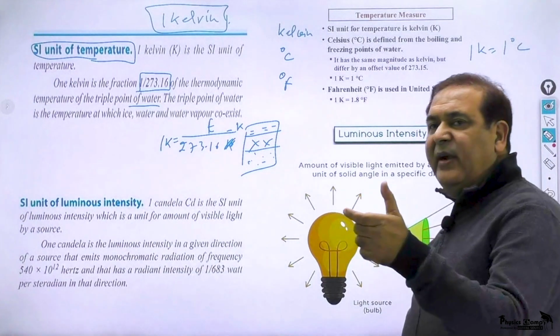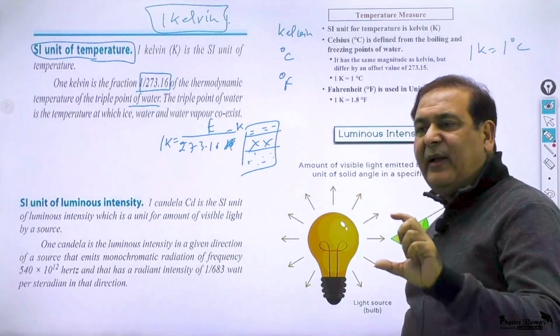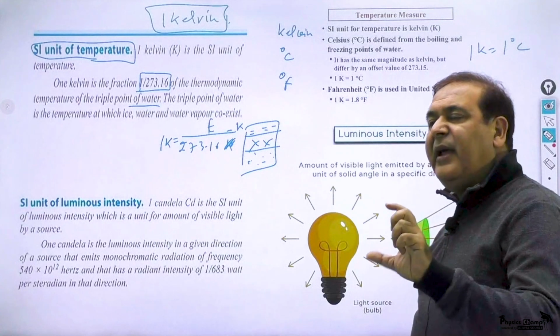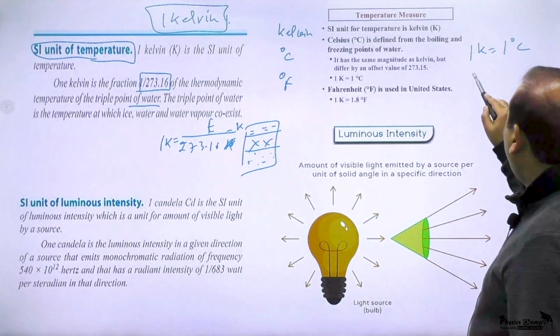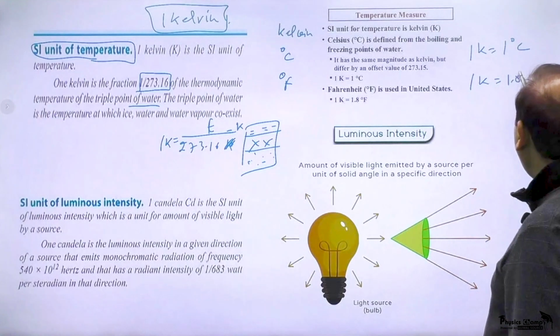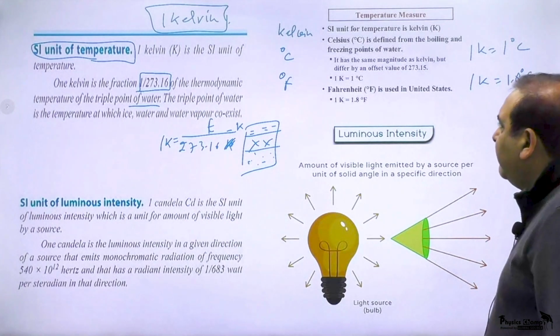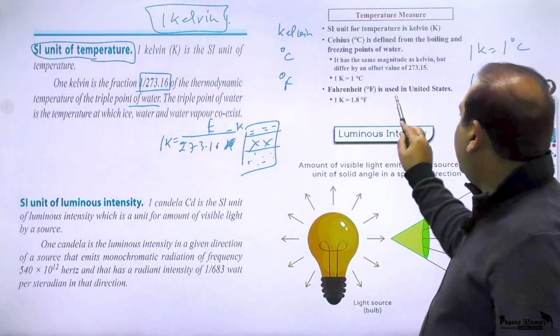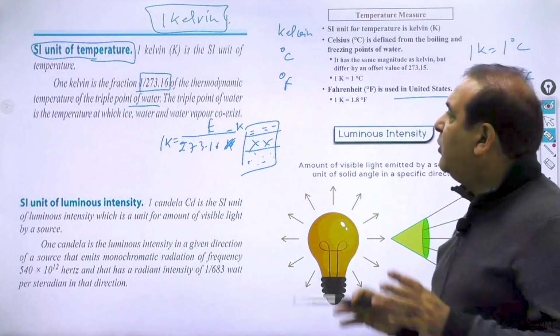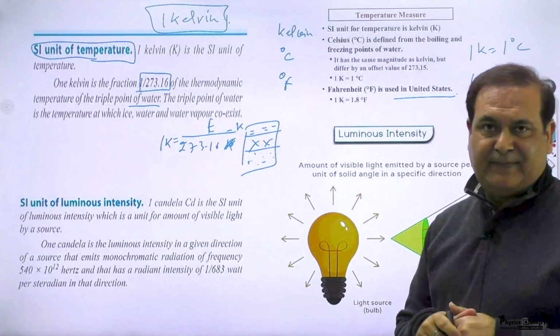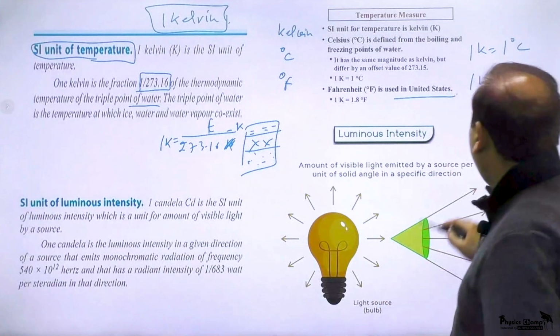A 10 degree Celsius change means a 10 Kelvin change, they are the same thing. Similarly, 1 Kelvin is 1.8 degree Fahrenheit. Fahrenheit is generally used in United States, but the standard unit of temperature we use is Kelvin.